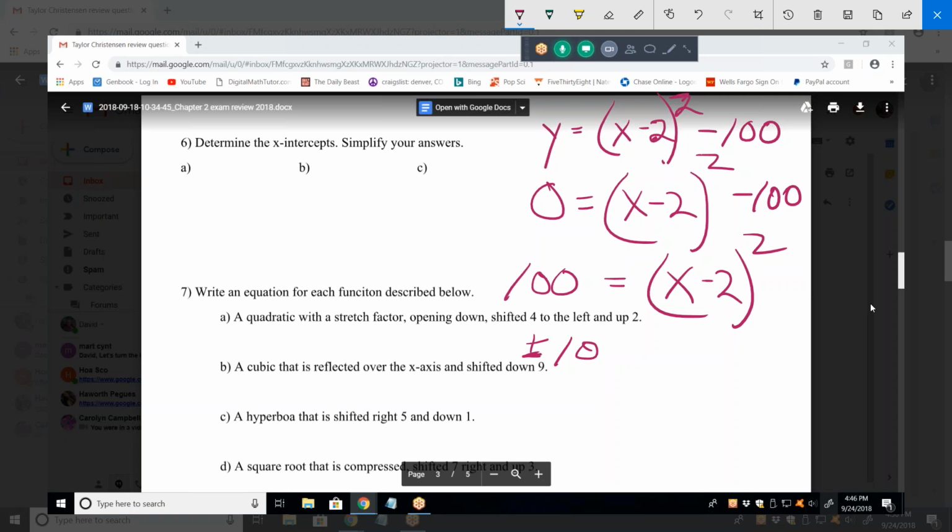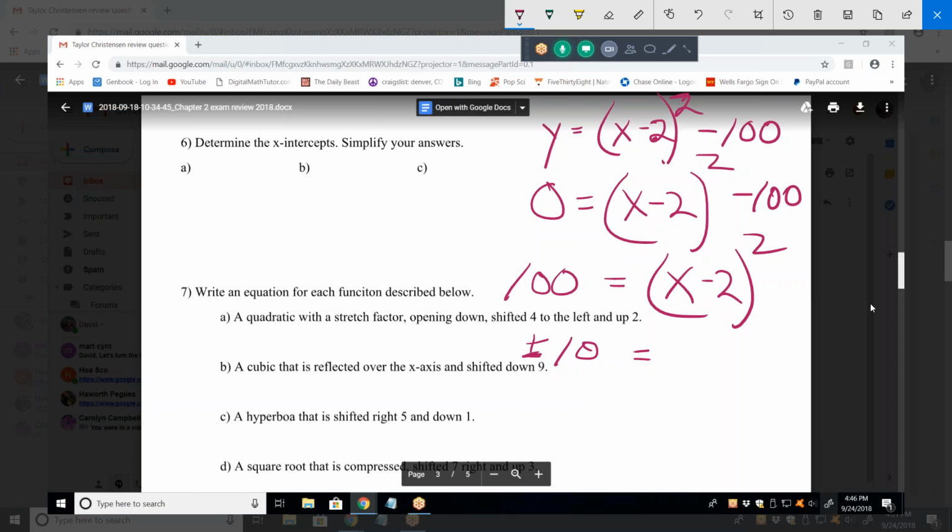So never forget your plus and minus. That's critical. That's the second biggest mistake made in algebra: when you are solving an equation where you have to take the square root of both sides, always begin your answer with the words plus or minus, always. Now, what's the right side equal to?